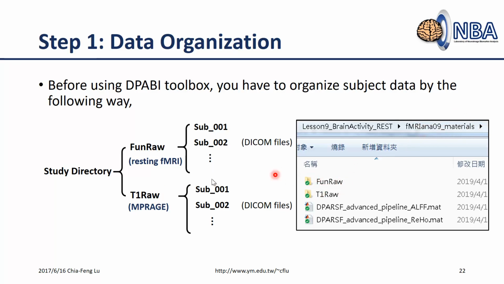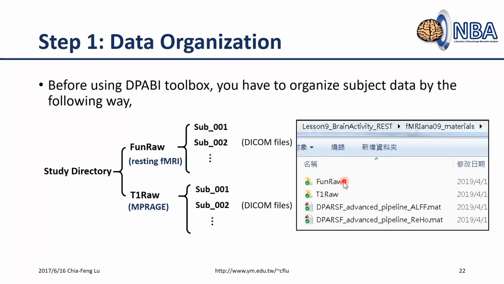For the FunRaw directory, you need to create several different subject folders. Within a study, you may have recruited 10, 30, or maybe more subjects, so you just create a different subject folder for each.